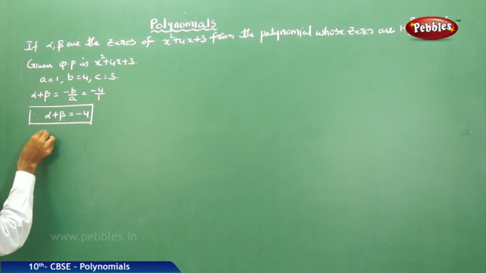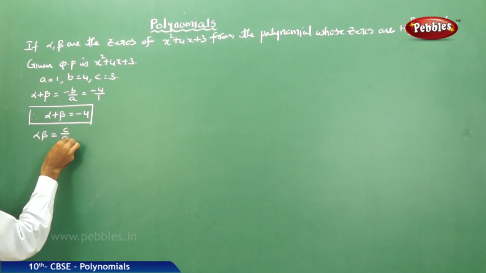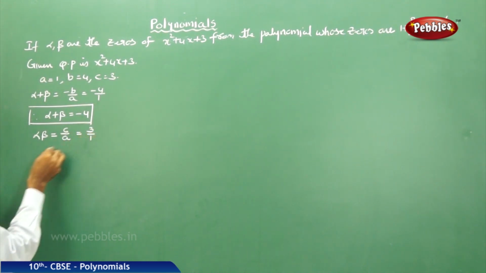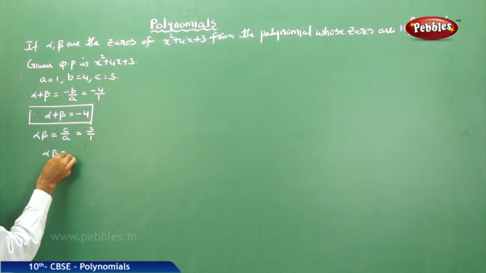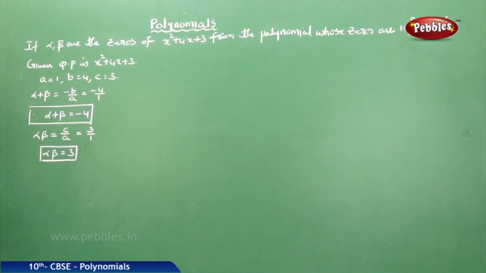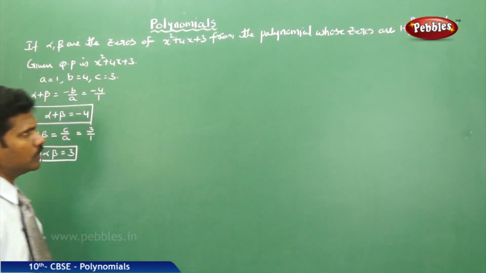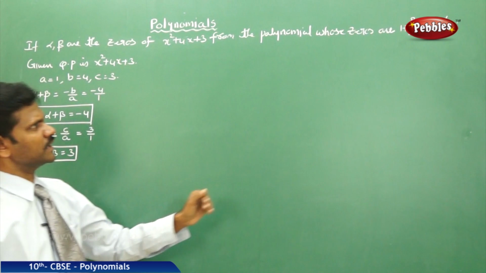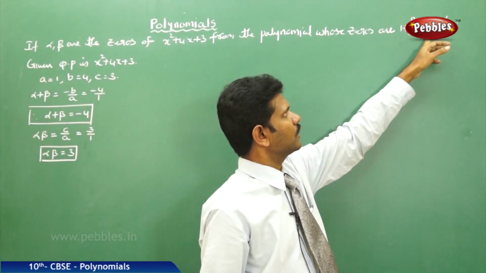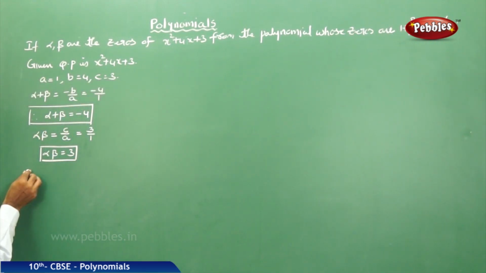Next, product of the zeros, alpha beta is equal to c by a, that is 3 by 1. Therefore, alpha beta is equal to 3. Now I am ready with the values of alpha plus beta and alpha beta. Now I have to find the quadratic polynomial whose zeros are 1 plus beta by alpha, 1 plus alpha by beta.